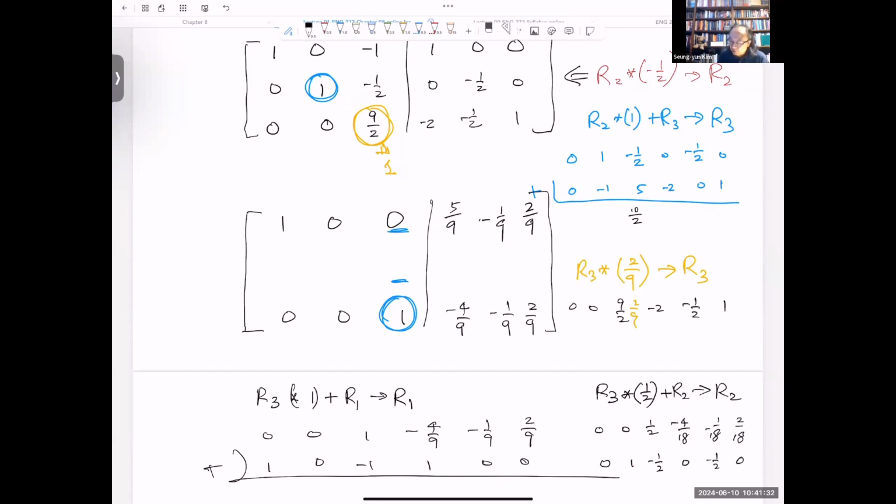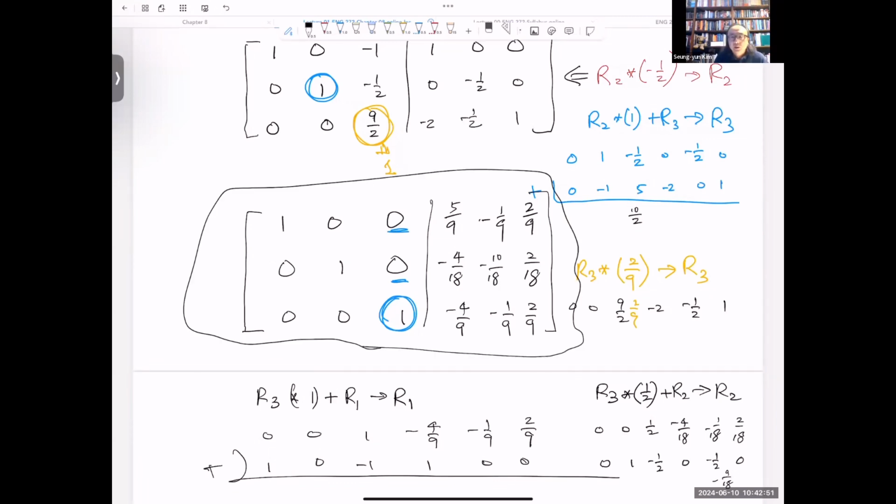So we have 0, 1, 0, negative 4 over 18. And then the second number, if you multiply top and bottom by 9, it's going to be 9 over 18. So negative 1 plus 9, positive 8 over 18, 2 over 18. Sorry, negative 1 over 18 minus 1 over 2, so negative 9 over 18. So negative 10 over 18. You see how messy it is? So my method is the better one.